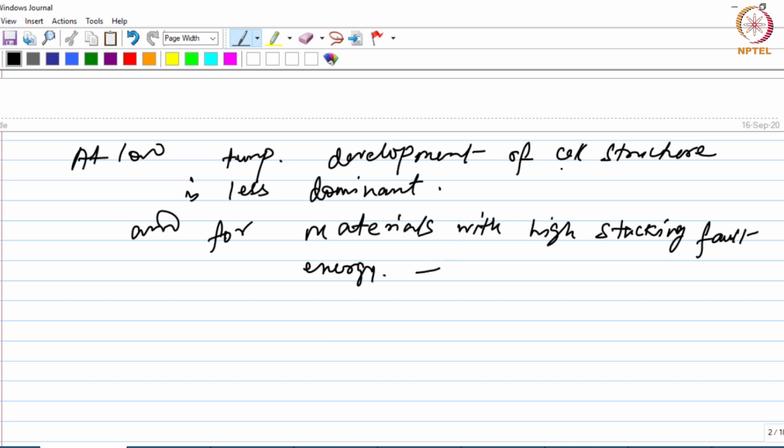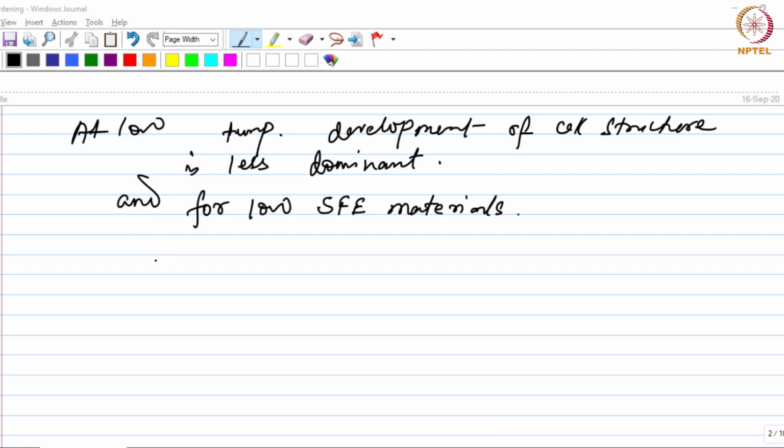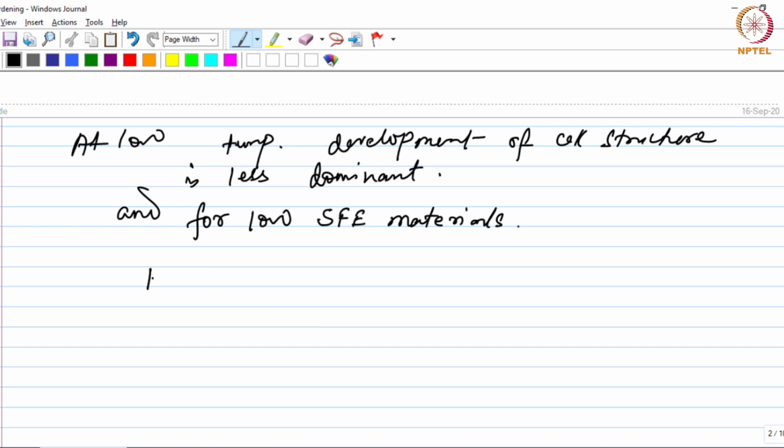And therefore, if there is difficulty in cross slip, the development of such cell structure will be difficult because dislocations will find it difficult to move when the stacking fault energy is low, and as a result it will be difficult for them to come and join such cell walls. So the development of such cell structure will be difficult for materials having low stacking fault energy. And also at a high strain rate, it is not pronounced.